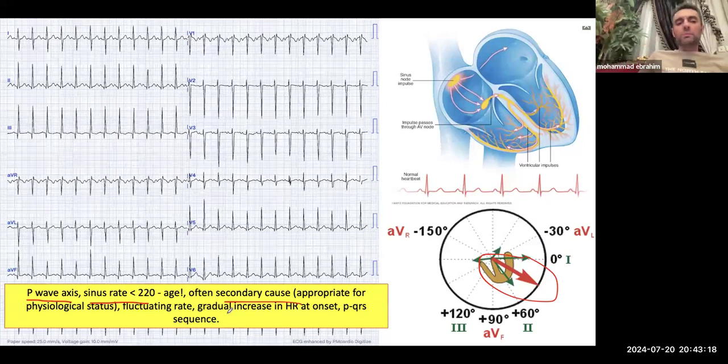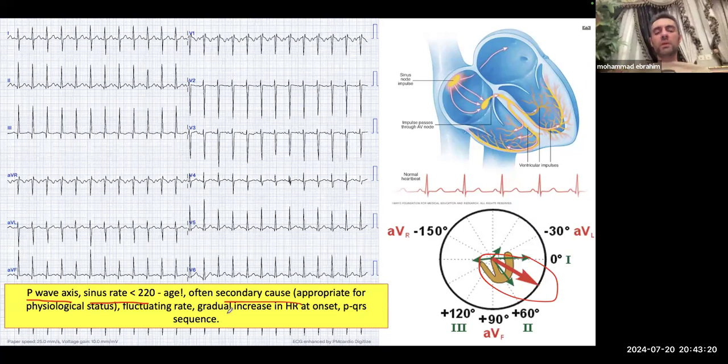Of course, if you see a patient who's tachycardic but is resting, watching a movie, very relaxed, and his rate is 200, and the P wave looks sinus, but you would not expect the patient to be in sinus tachycardia because he's so relaxed, you should suspect SVT even if the P wave looks like a sinus P wave, because that's abnormal sinus behavior.